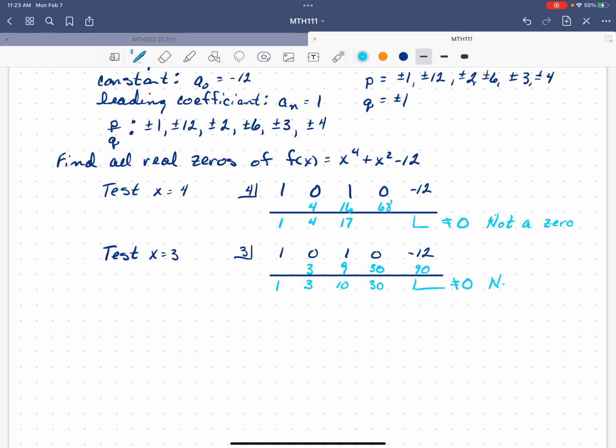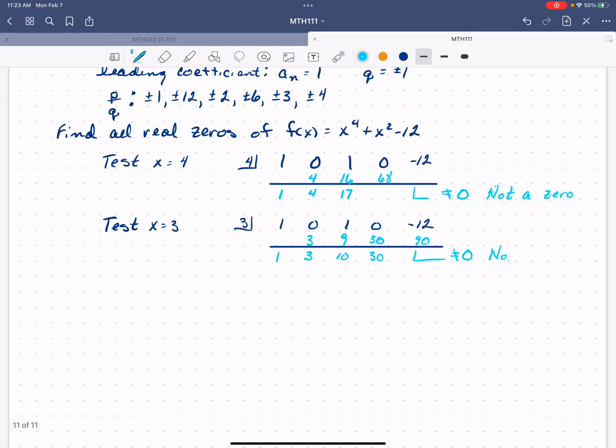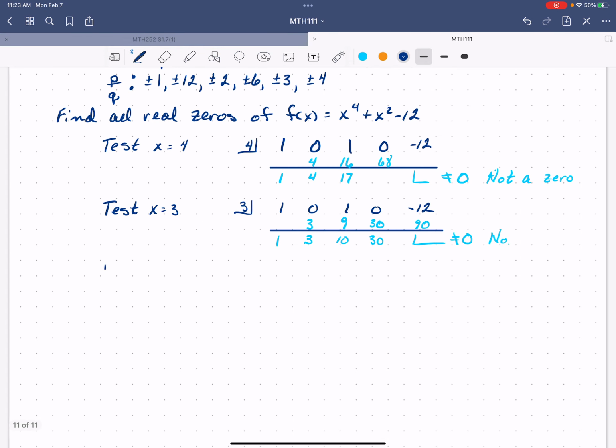So 3 is not a 0. Let's try 2. And that's not a 0 either.